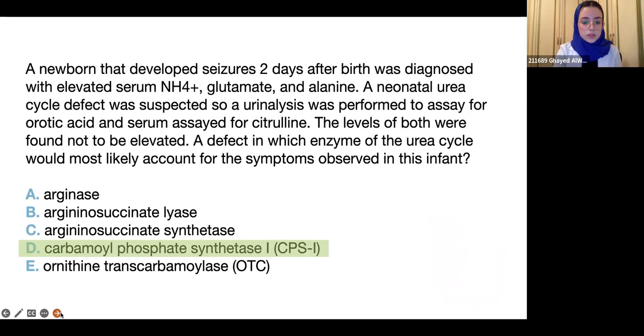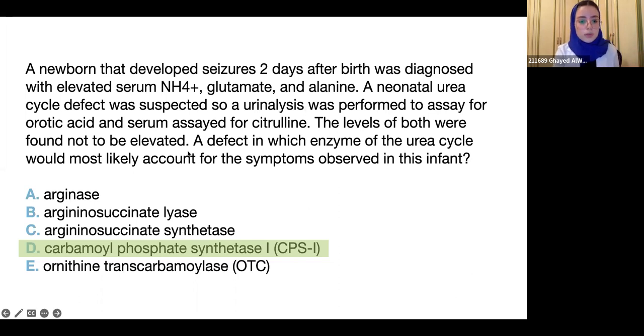Wait, let's go back to the question. So again, let's look at the question. The main keyword here is that when they examined the levels of orotic acid and citrulline, both levels were not elevated. And so if it was argininosuccinate lyase or argininosuccinate synthetase, citrulline is already produced before that step.